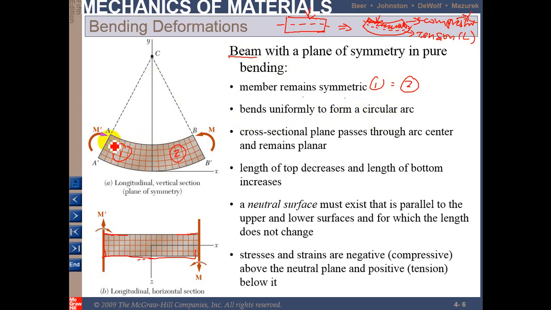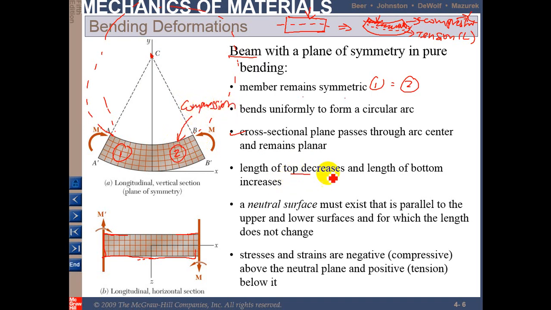So when you bend, this actually forms a circular arc, and this is the center. It will create a circular arc like this. The length of the top decreases, as I said, because it experiences compression.